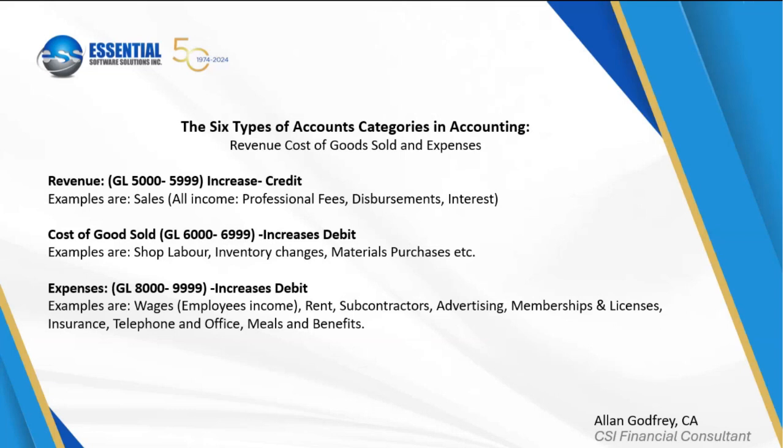And then we've got expenses. Expenses are anything 8,000 through to 9,999. Of course, an increase of an expense is always a debit. What is an expense? We've got wages, rent, maybe subcontractors, advertising and so on and so forth.